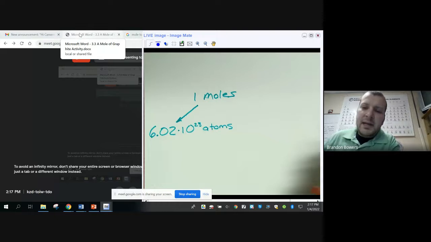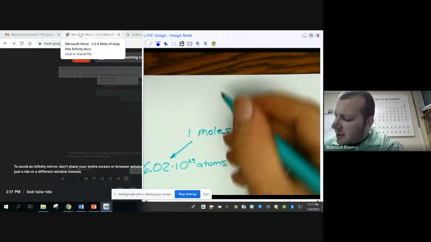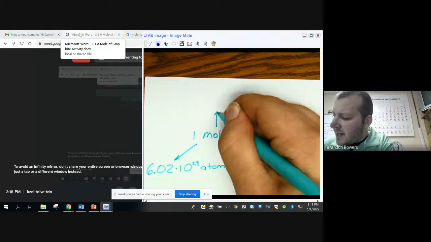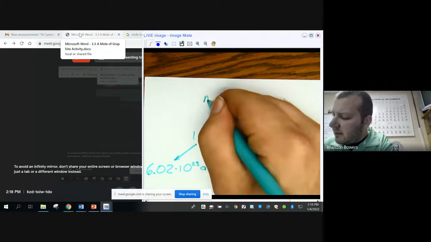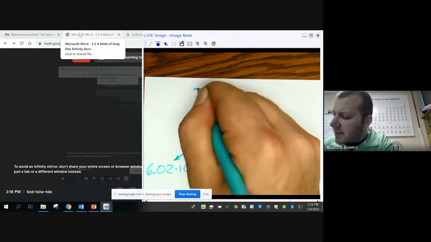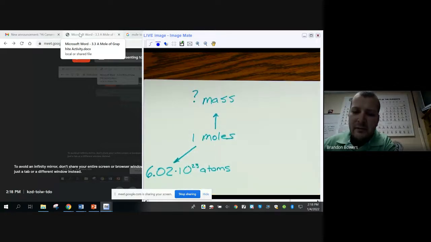Now, today, what we're actually going to look at is how to get to mass. How do we get to mass? Moles to mass. We're going to look at that conversion factor.